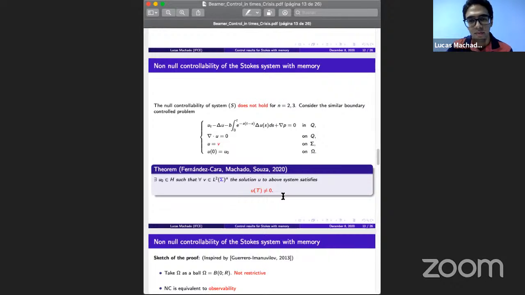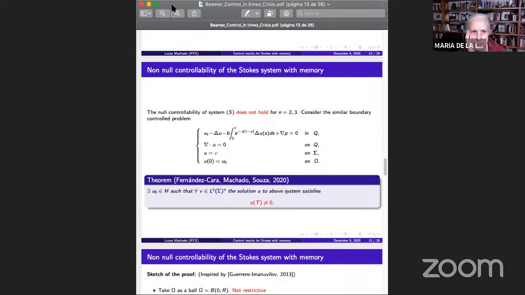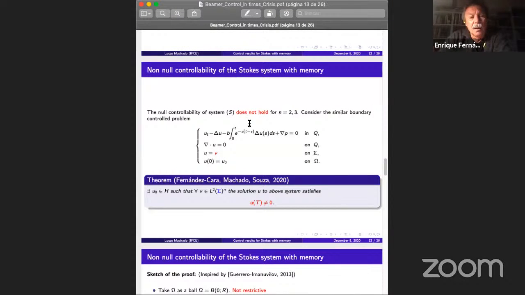Any other question or comment? Okay, I have a question, at the same time a comment. What would be interesting here is to know if the nonlinearity of the original problem, which transfers the coupling to a nonlinear hyperbolic system, changes the result.